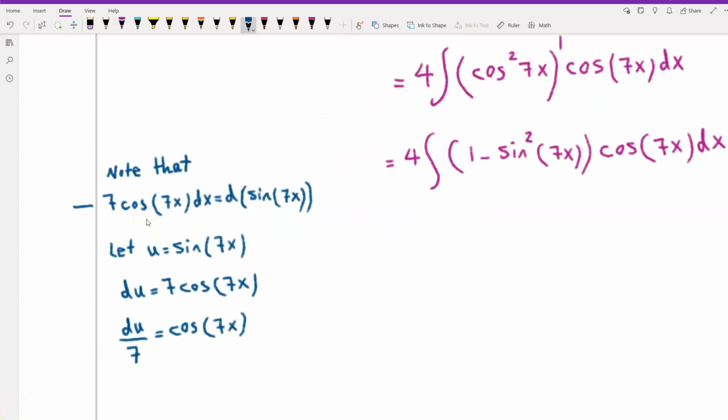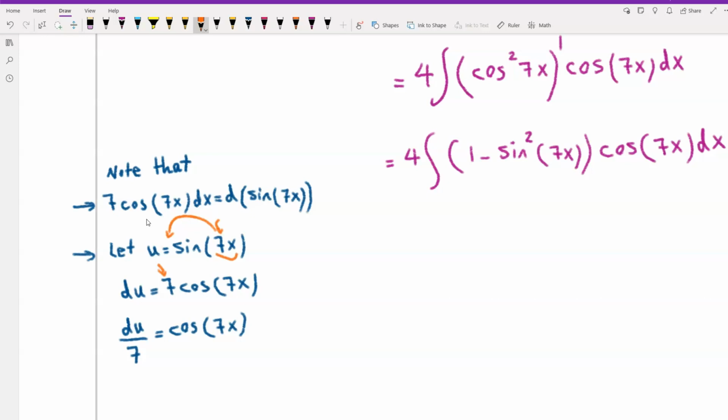Note that 7 cosine 7x dx is equal to the derivative of sine 7x. So what I use here for u is equal to sine 7x, and the derivative of u is, so what we have here, coefficient of x is 7. Move that one to the left side, so you have this 7 first, and then the derivative of sine is cosine, and then we write what we have here after sine.